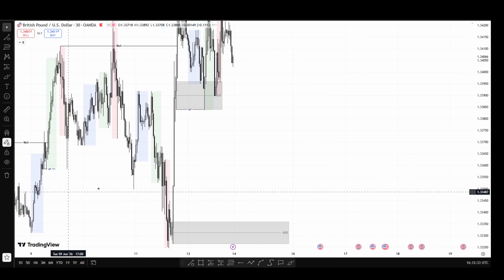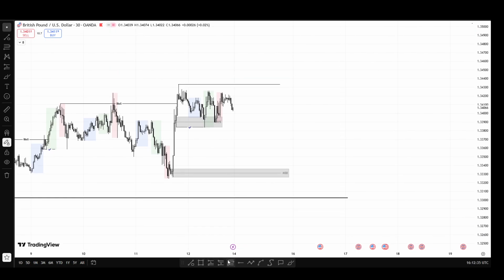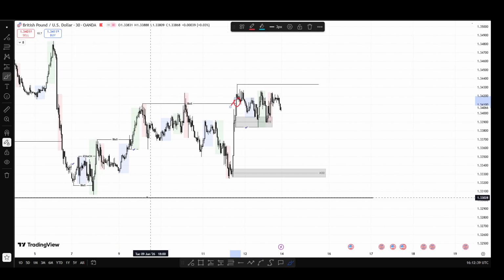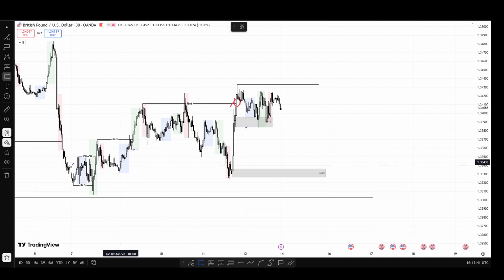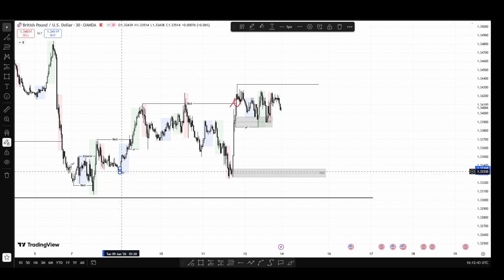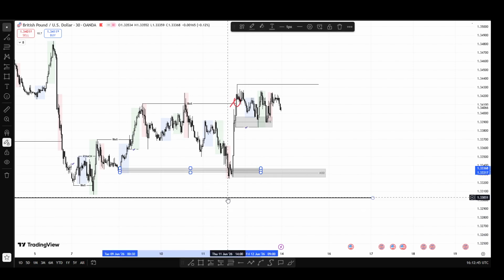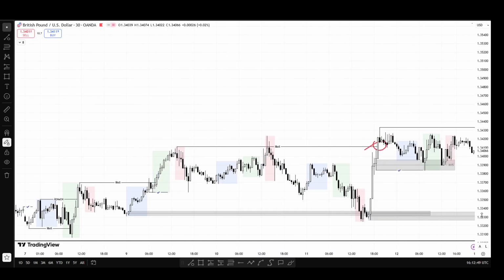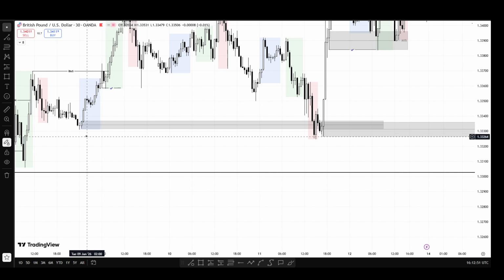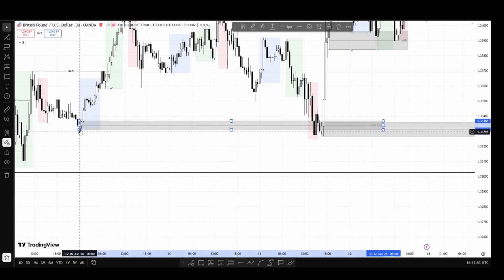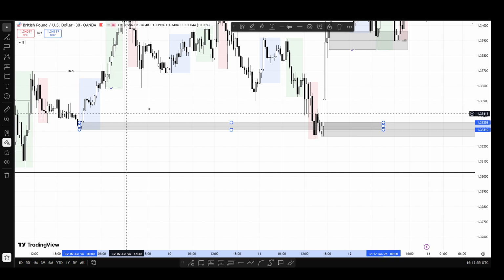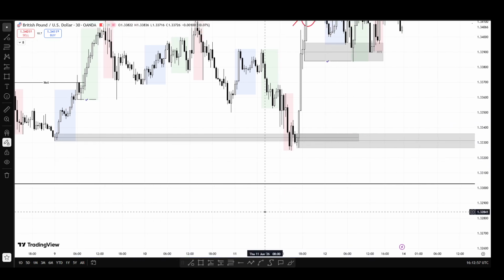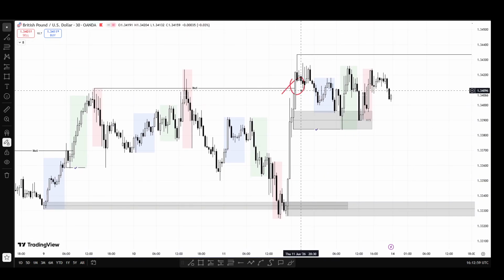Price then moved up to then close above after mitigating this other block here, okay. So that other block mitigation gave a sweep, a close here. So this is our other block mitigation. So after that other block mitigated, we got a close here to the upside.